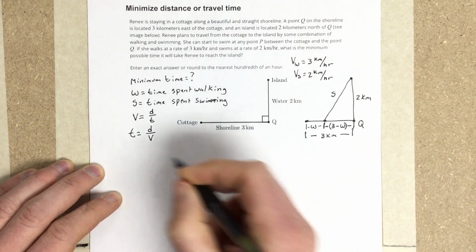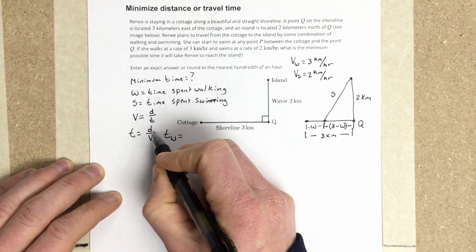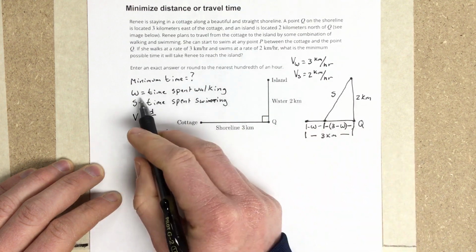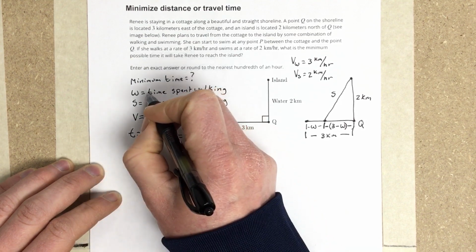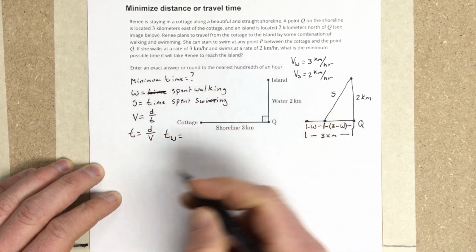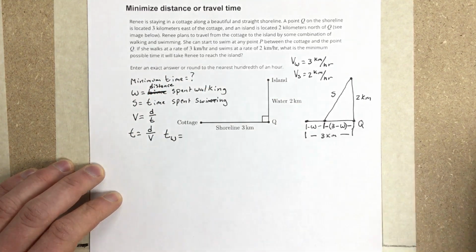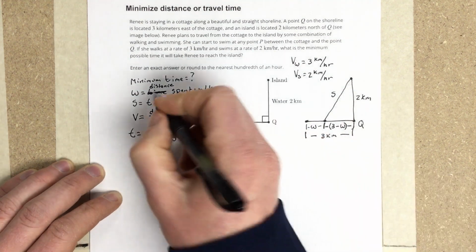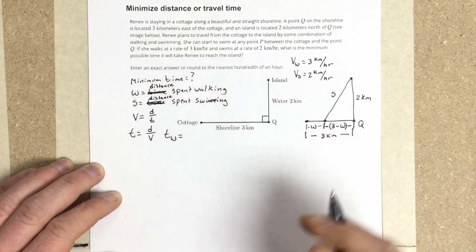So let's go ahead and write this. W is actually the distance spent walking, and S is the distance spent swimming.